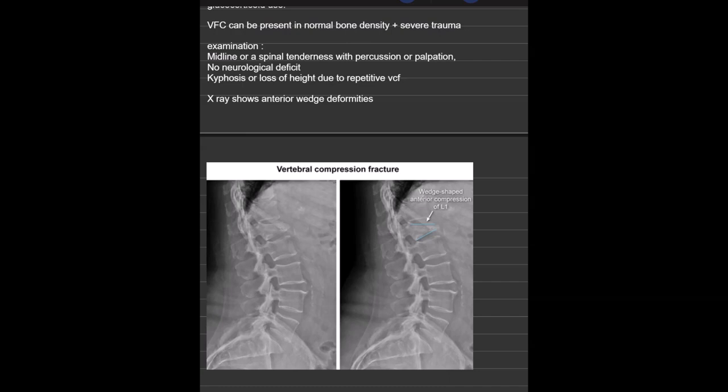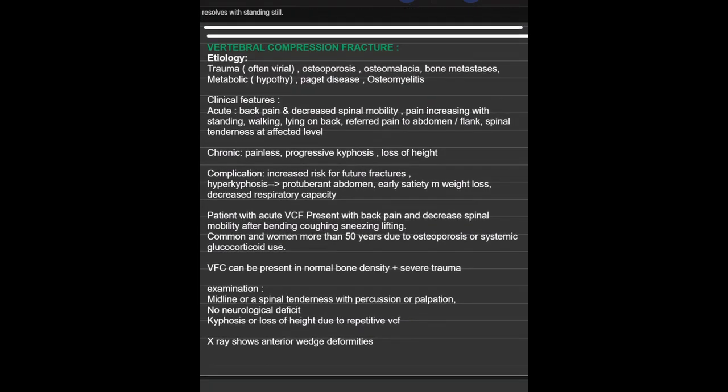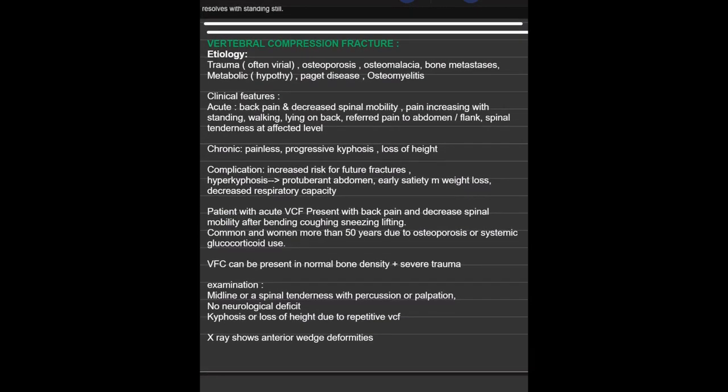So when the patient has these types of changes in their X-rays, they might come to us with pain as well as decreased spinal mobility. Even if they sleep, walk, or stand, nothing improves their pain. And the kyphosis will be present the more chronic the patient goes.